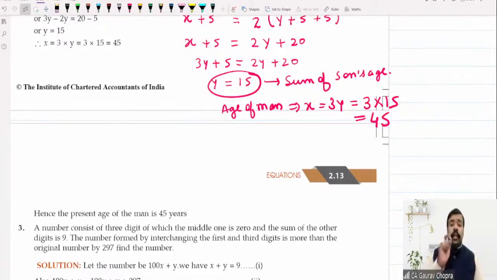When we are doing the illustrations, the examples, we are doing the detailed method, the complete method. And when we are doing the exercise, we are applying the short tricks, that is the options method. So in this manner, we are covering both the techniques, the detailed one as well as the short one. So we will understand there how to apply the options in case of word problems.